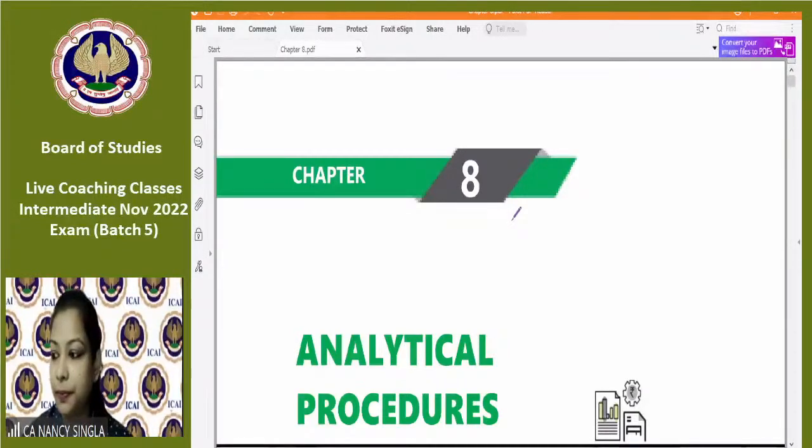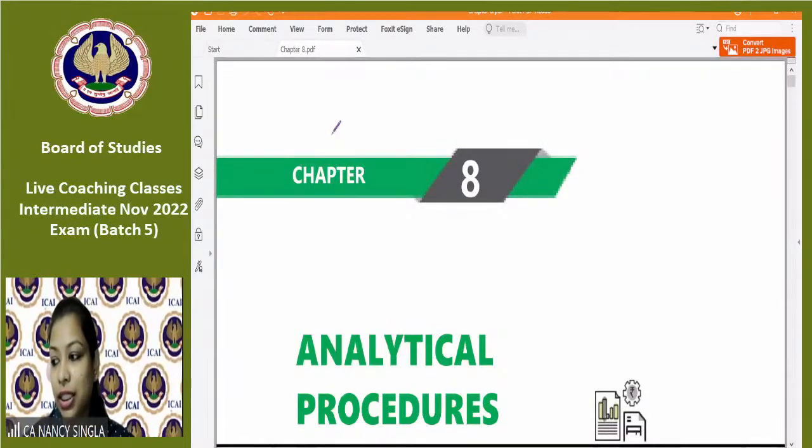When you were doing chapter number 3 and you understood the concept of substantive procedures, one of the types of substantive procedure that was discussed with you is analytical procedures, right? And at that time, you must have been told that this topic will be covered in another chapter. So chapter number 8 covers the concept, the standard related to analytical procedures.